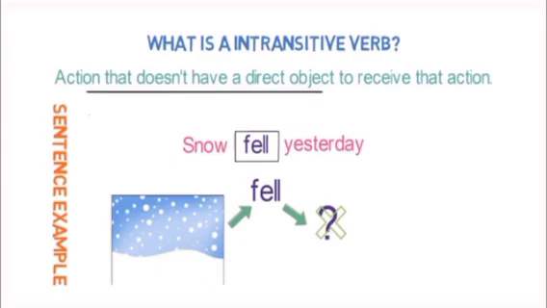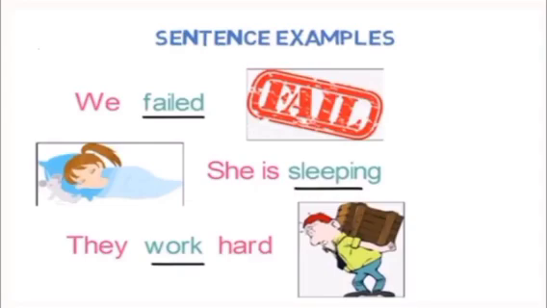Let's look into some more sentence examples having intransitive verbs. The first example sentence is, we failed. Here, failed is an intransitive verb as there is no direct object linked with it. Let's look into the next example sentence. She is sleeping.